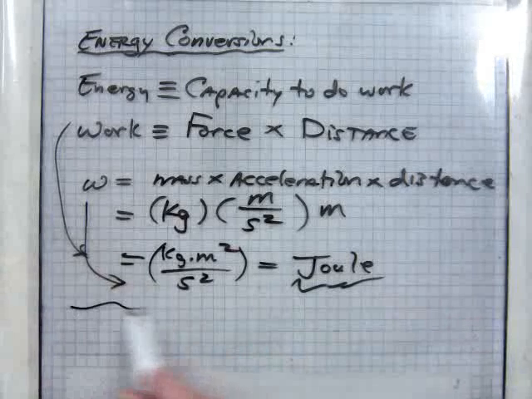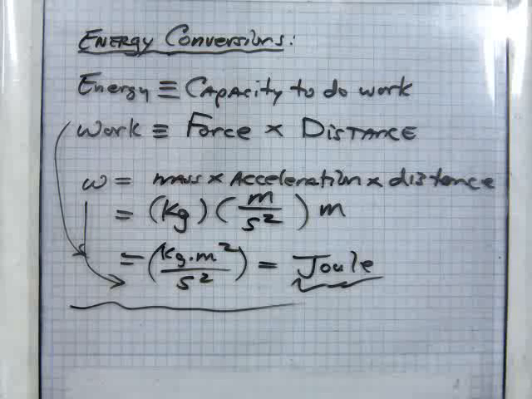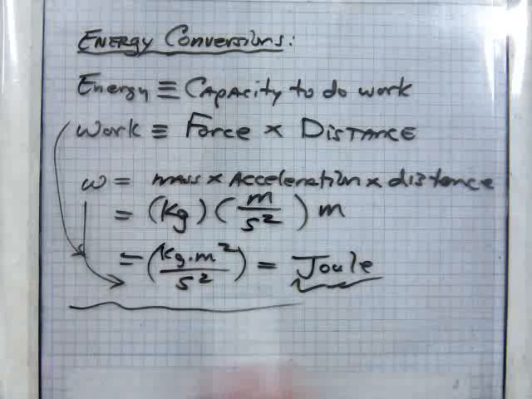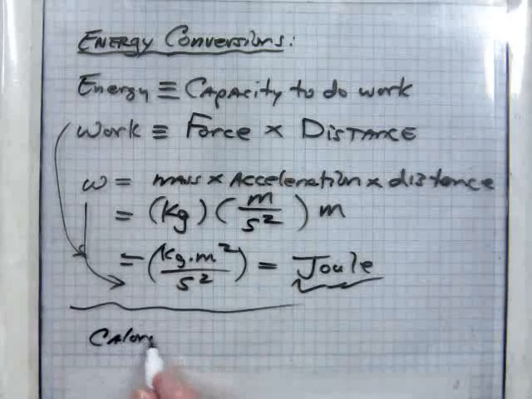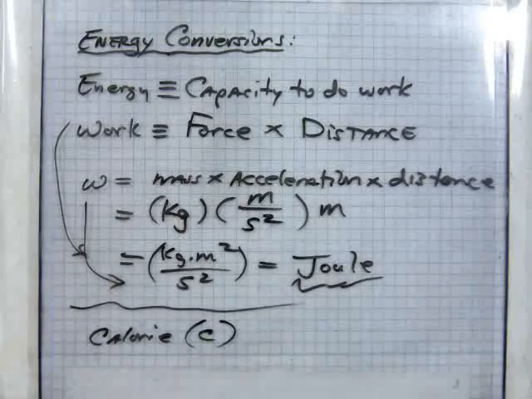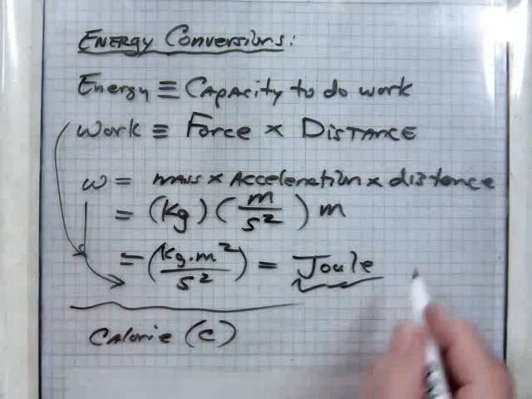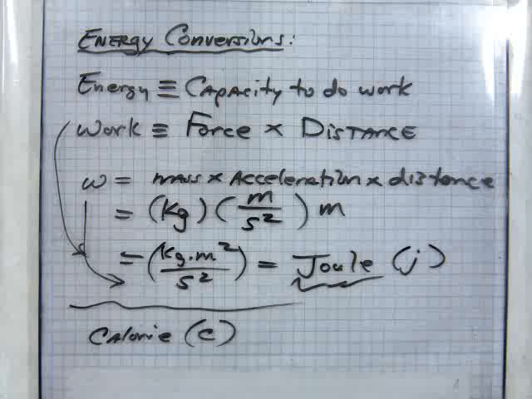Now, there's a second unit, and I'll show you the relationship, which is the conversion factor between joules and the calorie, what we call the scientific calorie. Lowercase c is typically used, and the j is usually lowercase, or it depends on who's writing the note.